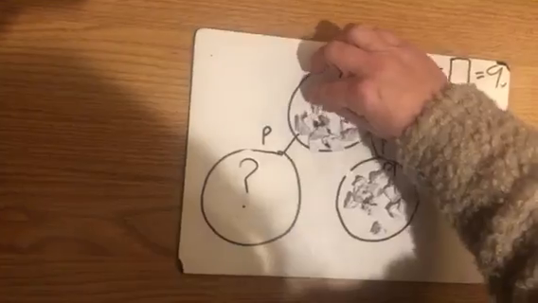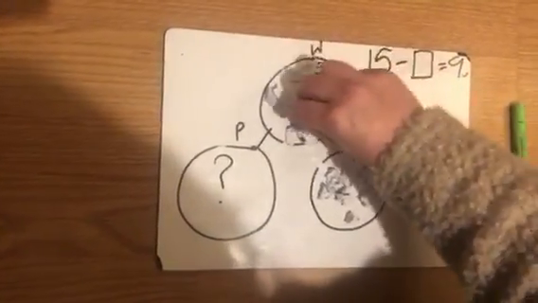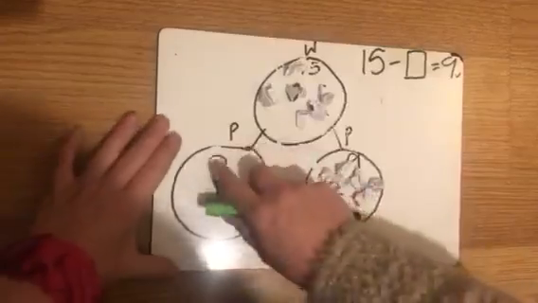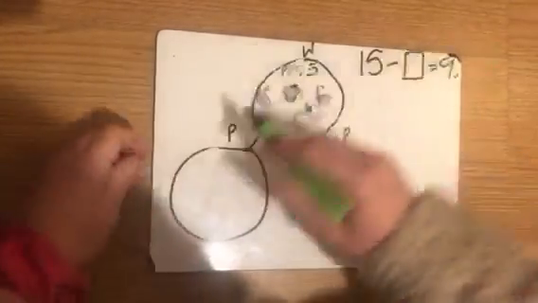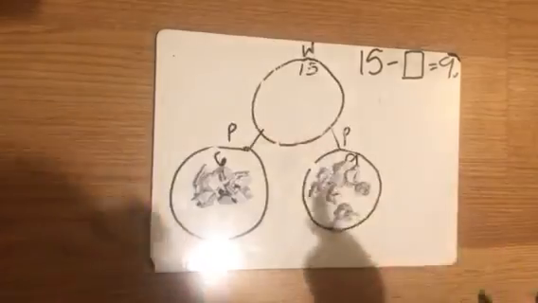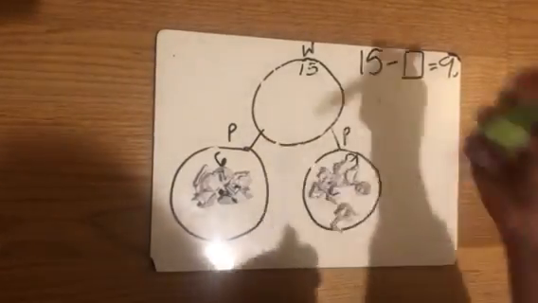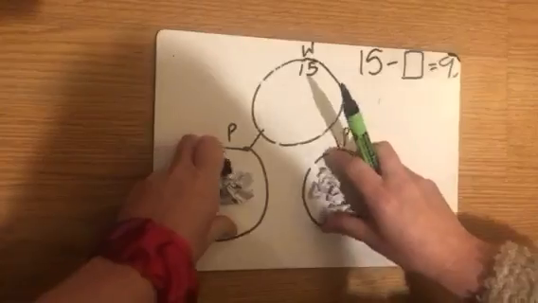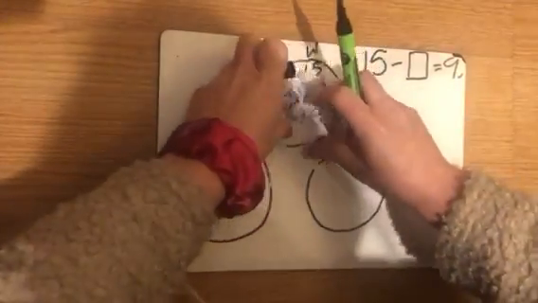Okay, so let's see how many we have left. 1, 2, 3, 4, 5, 6. Okay, so that should mean that our missing number here is going to be 6. So again, let's work that out. So if we move both of our parts back to our whole, we should have 15.